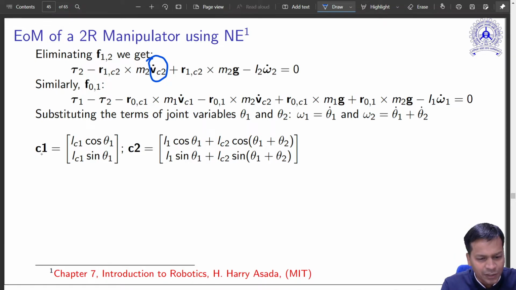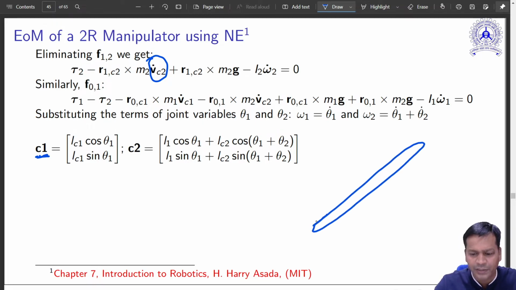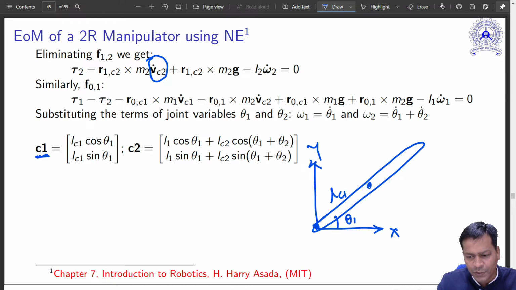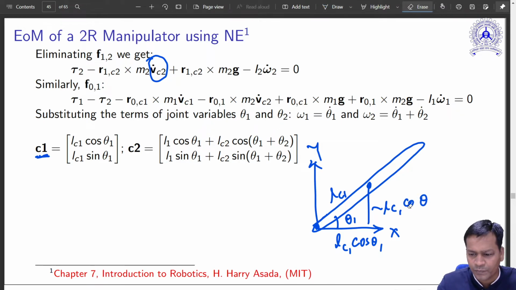So what is the location of the center of gravity? I will do it for you, first link at least. This is your x, this is your y. If this is LC1, the center of gravity distance from here, and this is your theta 1, then this is LC1 cos theta 1 and LC1 sin theta 1.